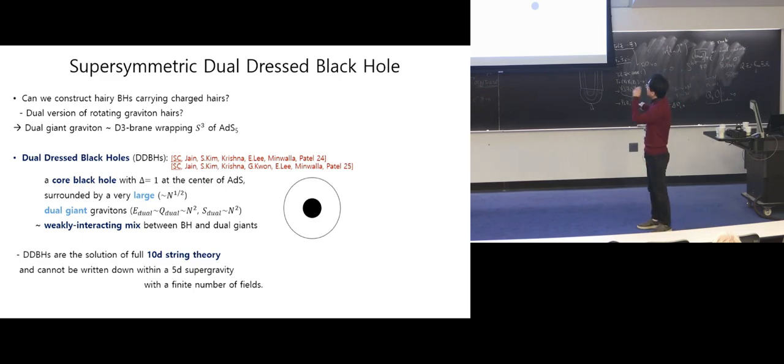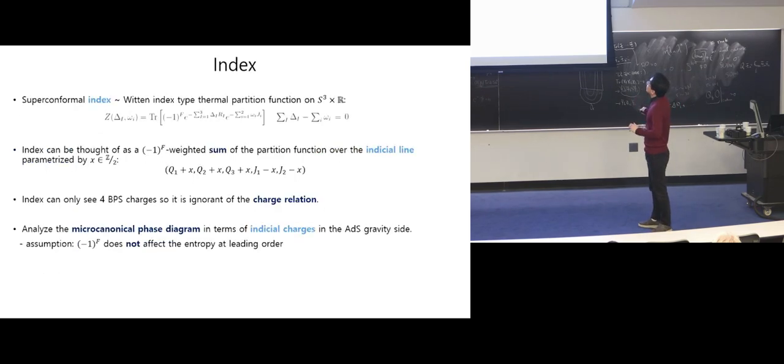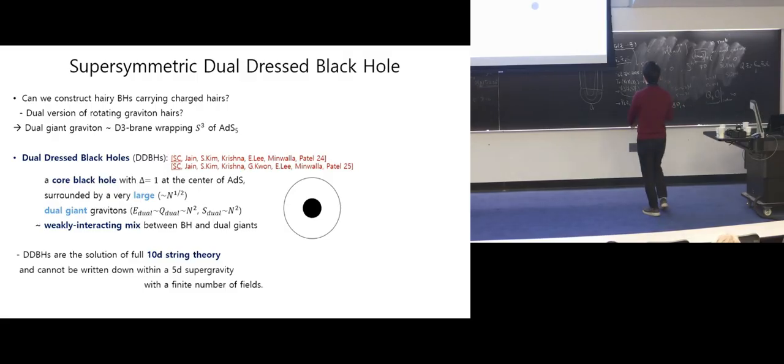So these dual dressed black holes will violate the charge relation in the opposite way to the gray galaxies. They will carry more charge than the known supersymmetric black holes in AdS5. We constructed all these solutions in the probe limit, and you may ask: if we consider all kinds of quantum corrections to this configuration, will they remain BPS, or be slightly lifted to give a nearly supersymmetric configuration?